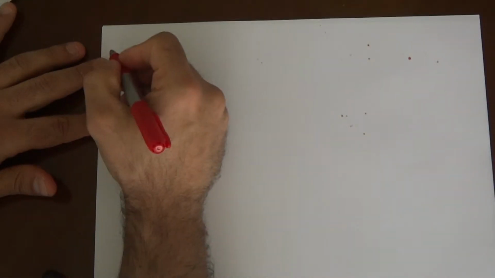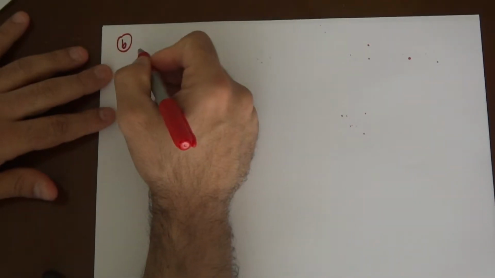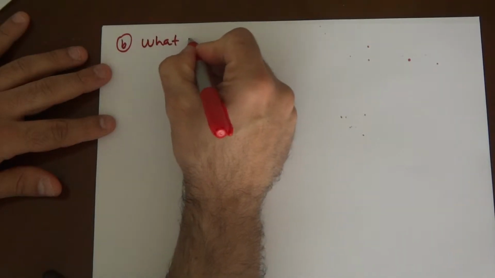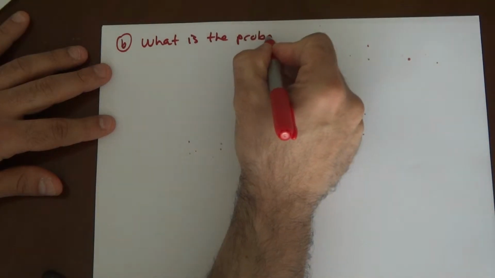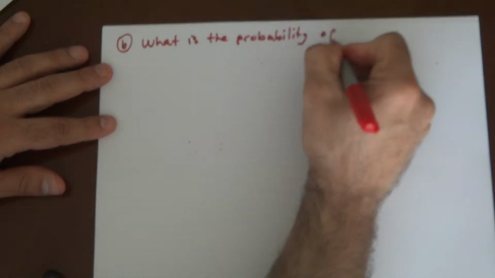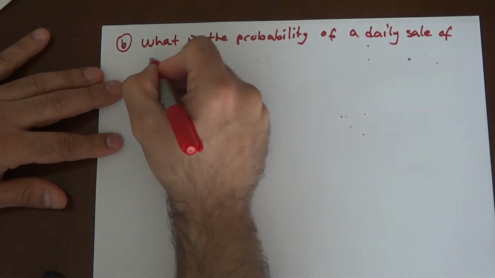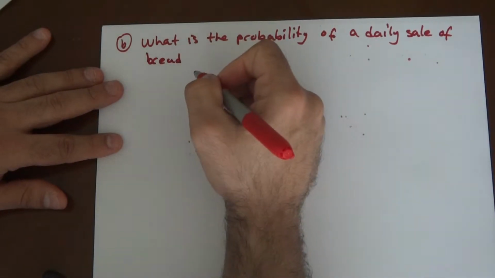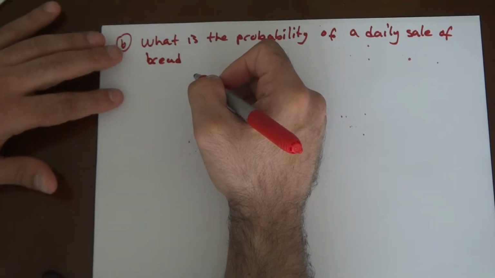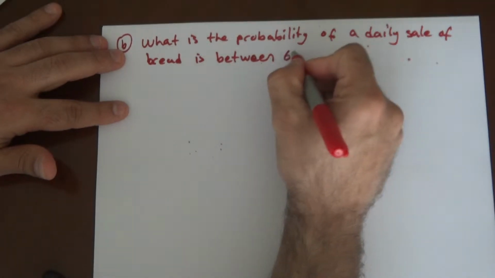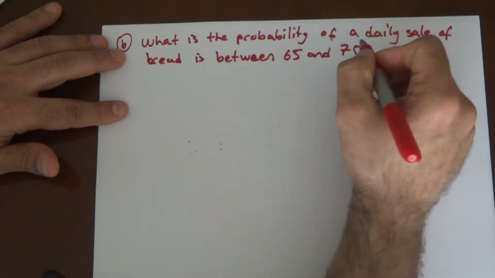Okay, in the same question, let's extend the question a little bit. In this given question, let's say part B. What is the probability of a daily sale of bread is between 65 and 75 breads?